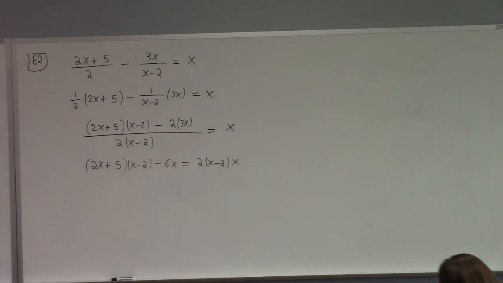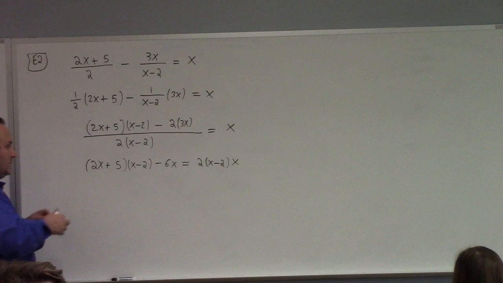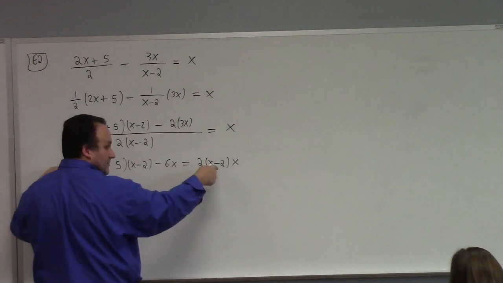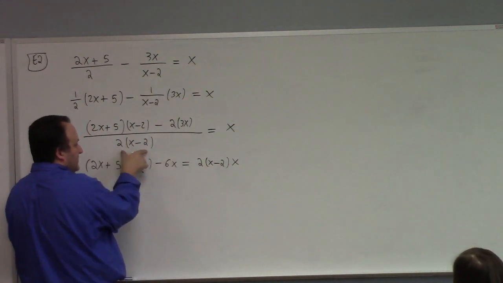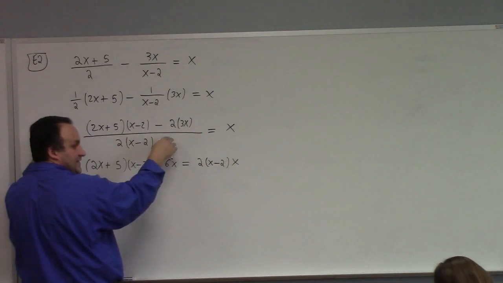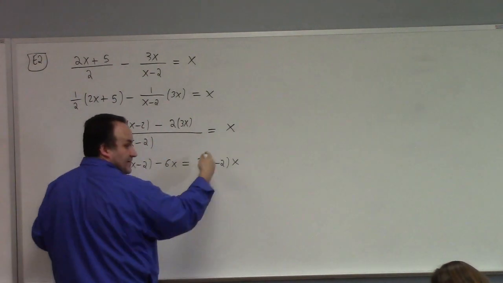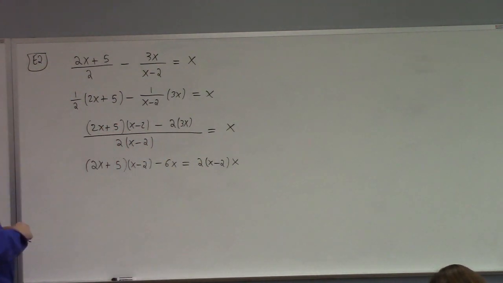Which might not look like progress to you, but it is, because now we're dealing with a quadratic equation, which we can solve. Can you explain how you got from here to here? I multiply both sides by 2 times (x minus 2), so it cancels on this side and it doesn't on the other.